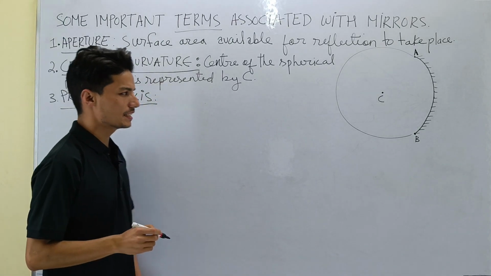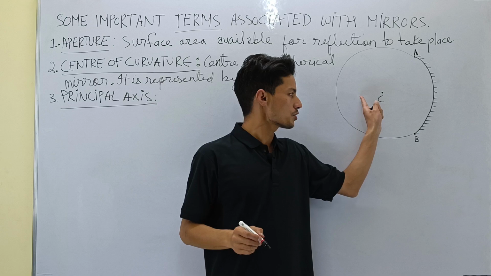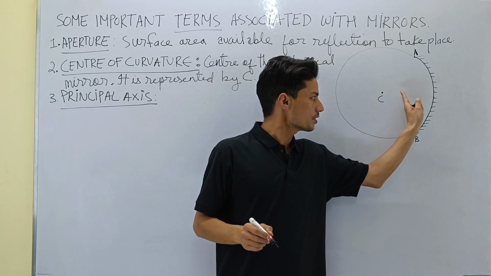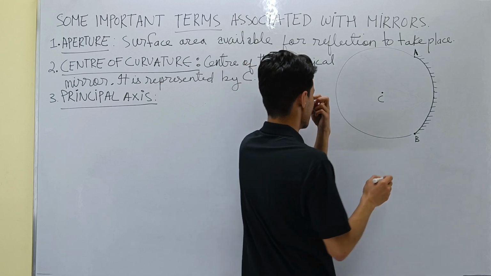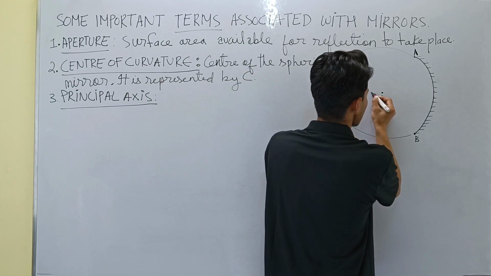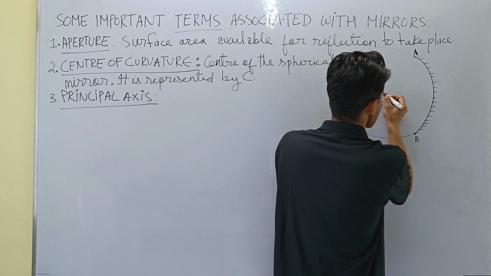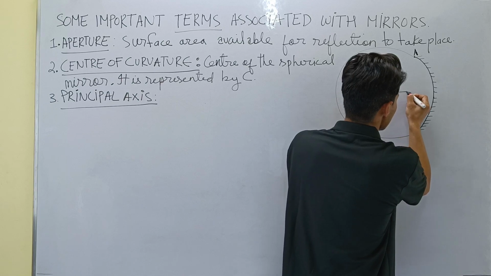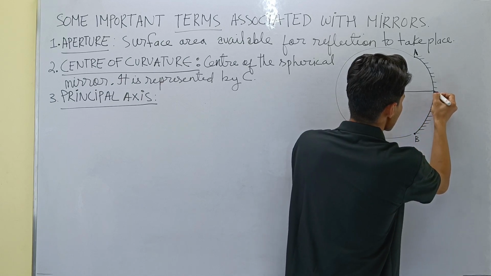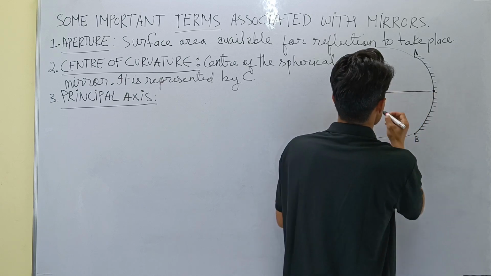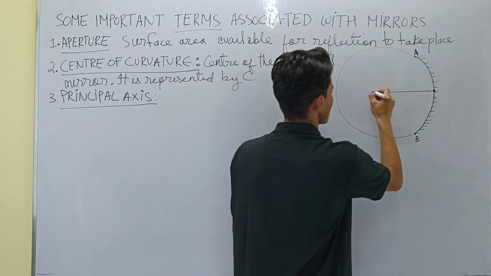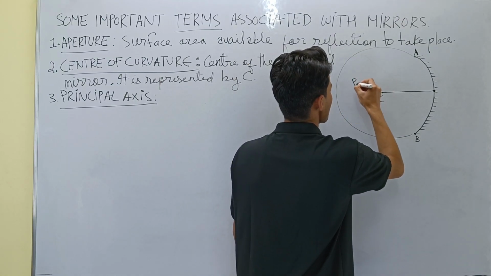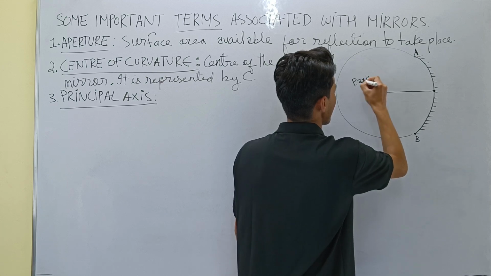The principal axis is a line which passes through the center of curvature and it touches the aperture or the mirror. Remember this. This line is called the principal axis.